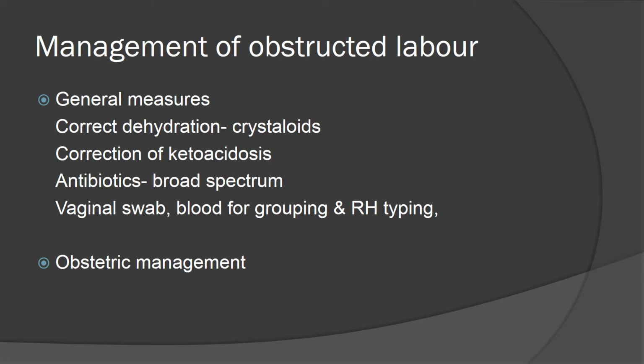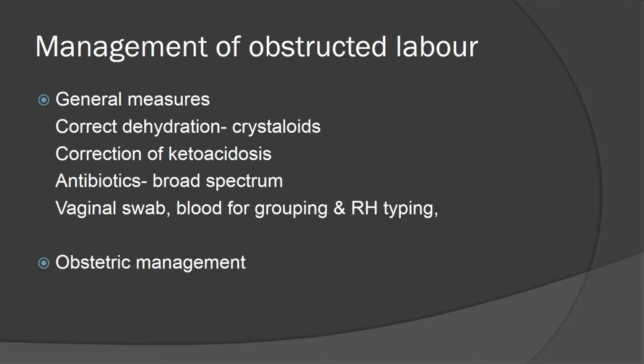Sepsis should be prevented by giving broad-spectrum antibiotics which cover both anaerobic and aerobic gram-positive and gram-negative organisms. In our labor room, we usually use a third-generation cephalosporin plus injection metronidazole to combat sepsis.